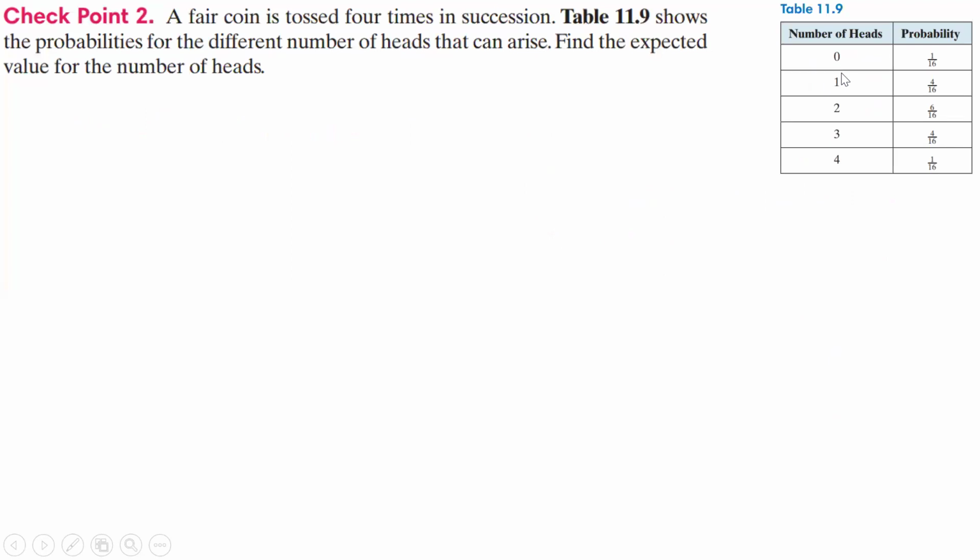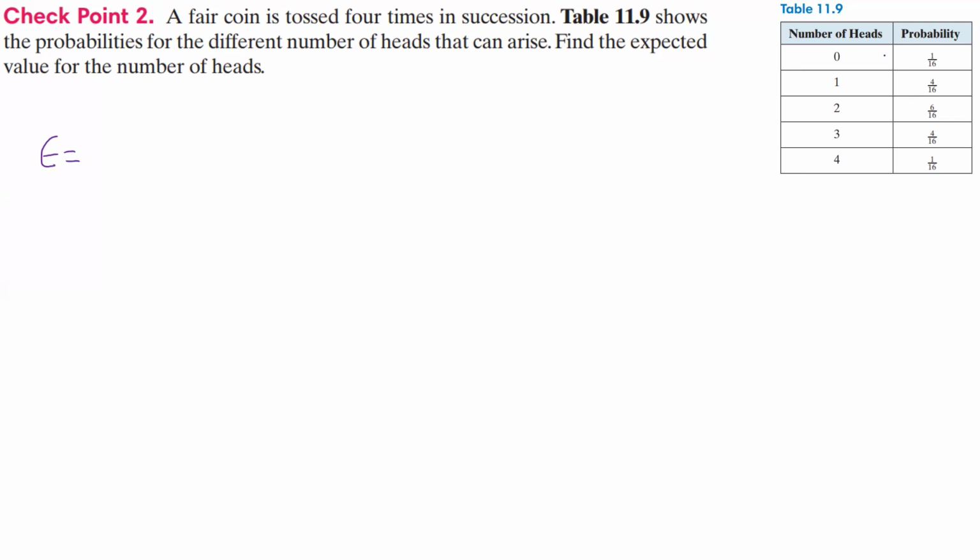Okay, so a fair coin is tossed 4 times in succession, and its probabilities and everything are here in the table. This is for the different number of heads that can arise in those 4 times you flip it. Now we're supposed to find the expected value for the number of heads. All right, so the expected value is going to be what?